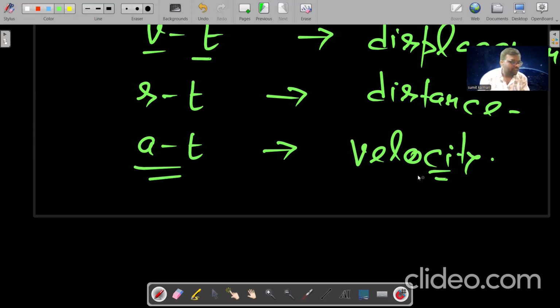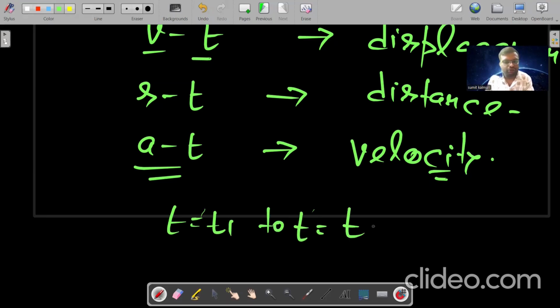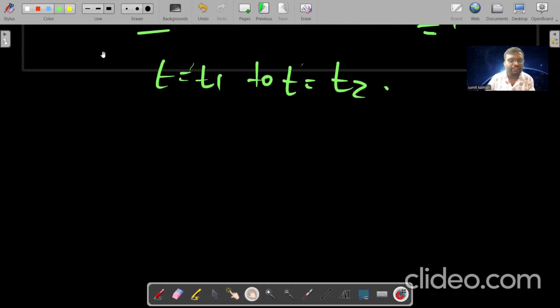And students, when your velocity is expressed as a function of time, then to determine the displacement from time t is equal to t1 to time t is equal to t2, what we do? We integrate the expression between the limits t1 to t2.